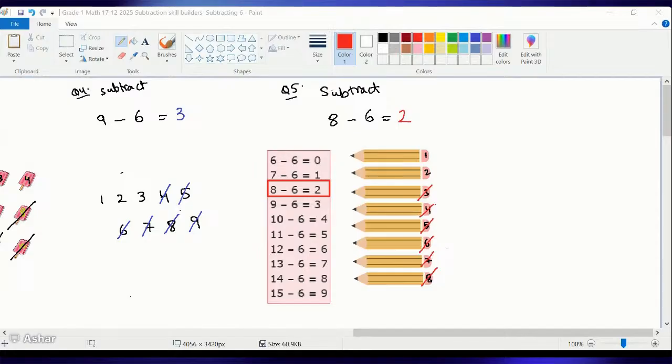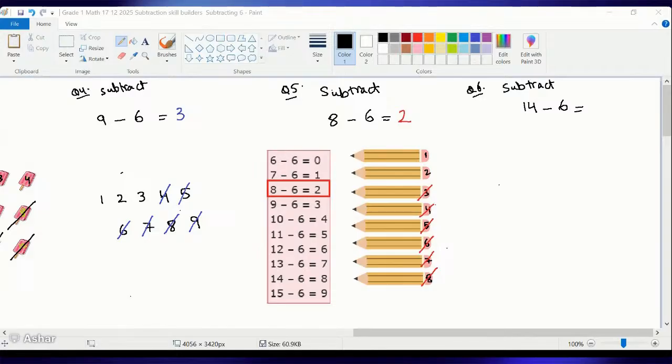Okay, very nice. Let's try another question. Question number 6 says subtract 14 minus 6. We are subtracting 6 from 14. So let's see how this can be done. We remember the grid, and let's see the values.